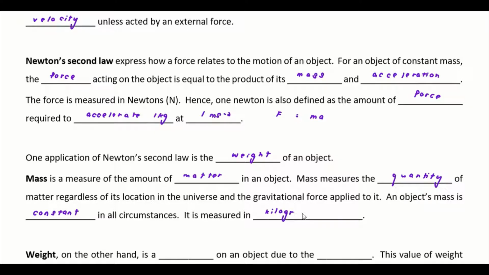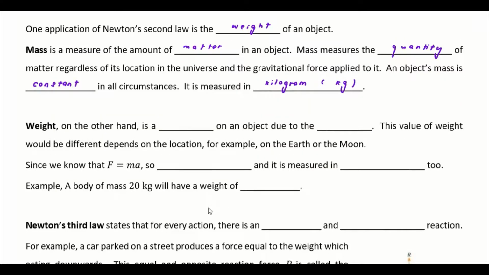Okay, so we always misuse this. For example, when we try to measure our weight, we always use the unit of kilogram, but actually, it's not correct in terms of science. Weight, on the other hand, is the force of an object due to gravity.